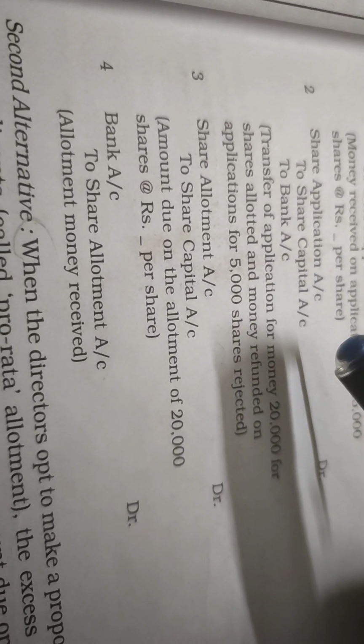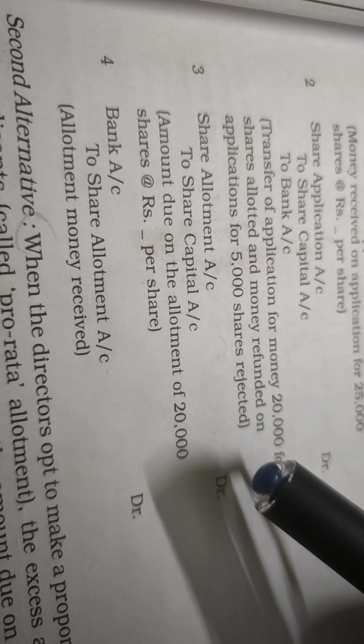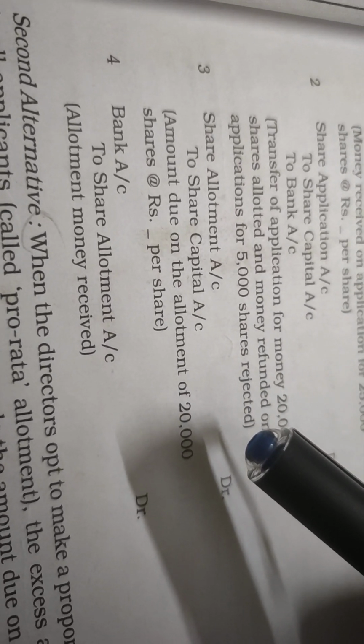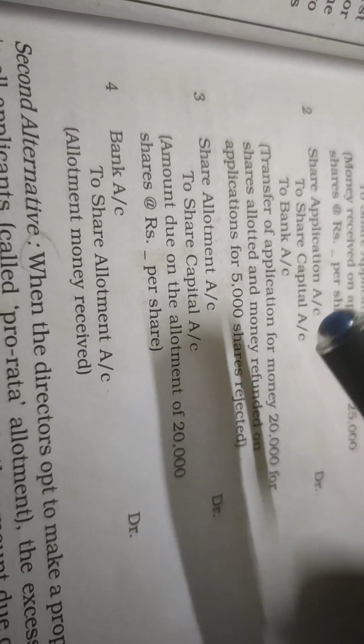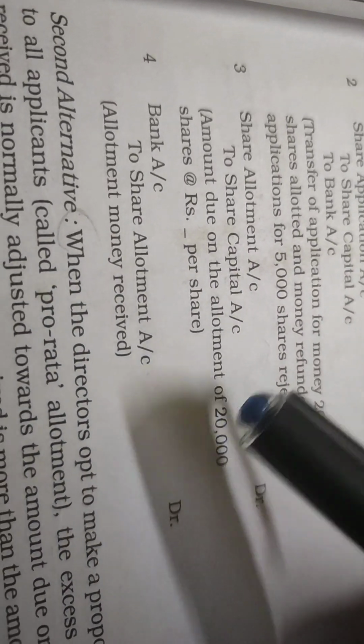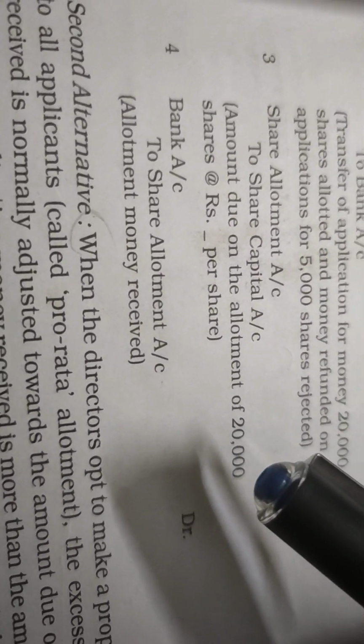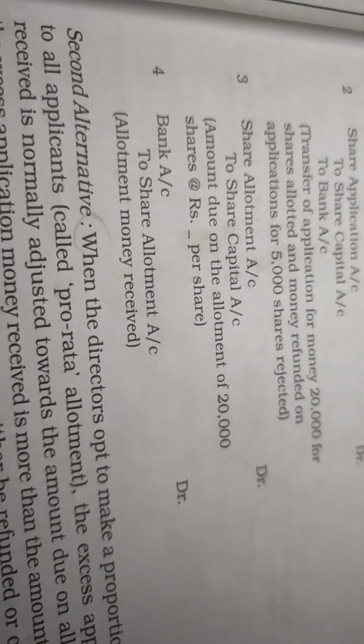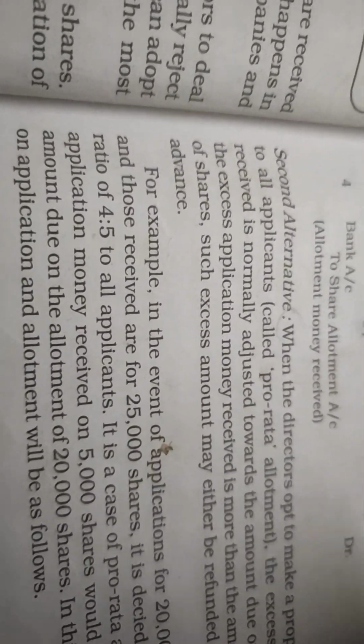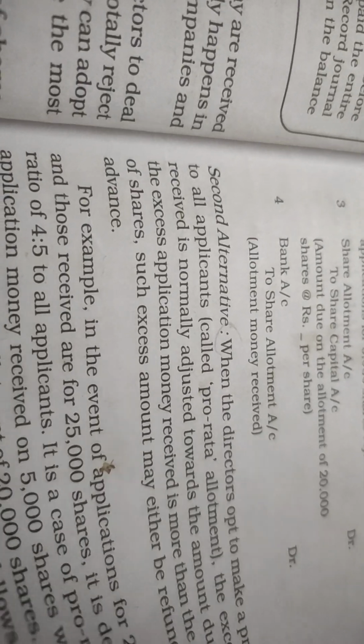Then share allotment account debited to share capital account, being the amount due on allotment of shares. Then bank account debited to share allotment account, being the allotment money received.